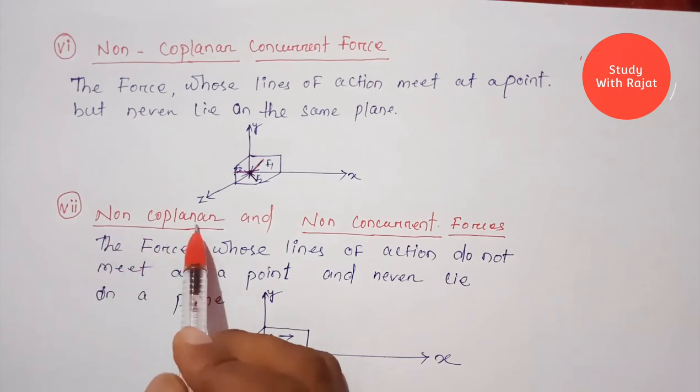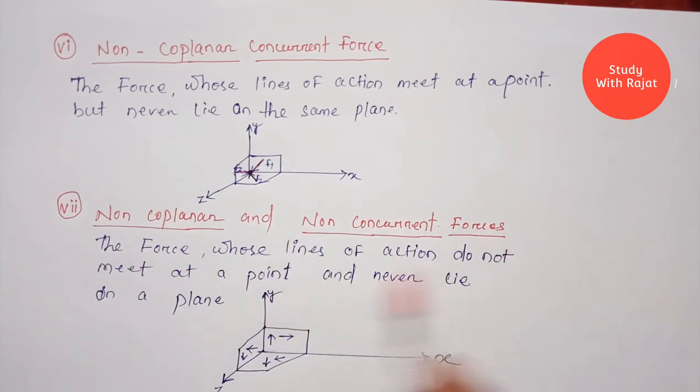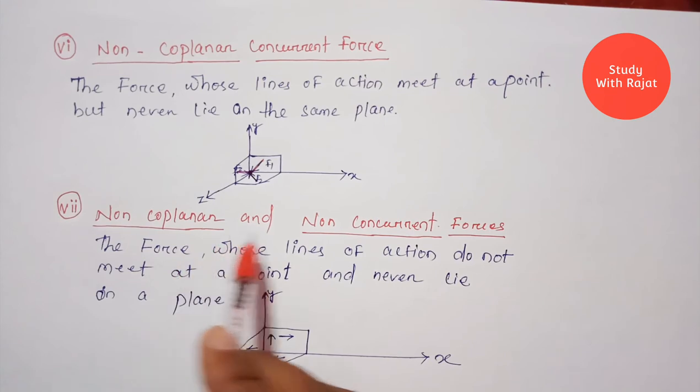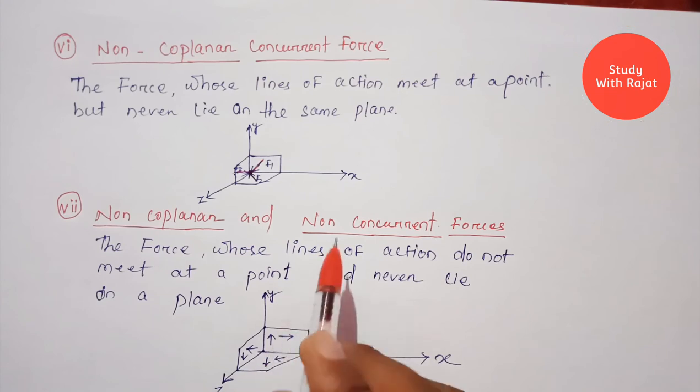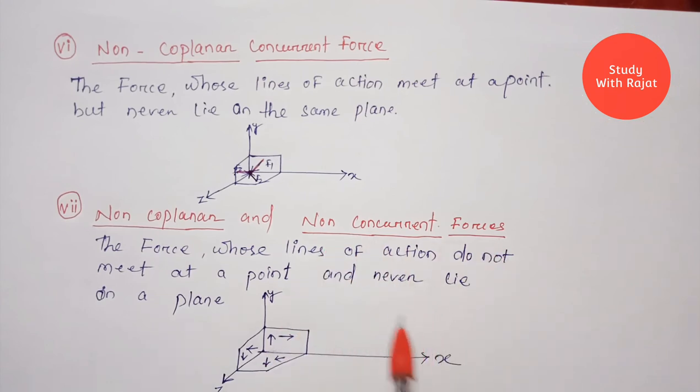Finally, non-coplanar and non-concurrent forces. Non-coplanar means there should not be a single plane where the forces act. Here different planes are there, so the forces act in different planes. They are non-concurrent, so they will not meet at a single point.